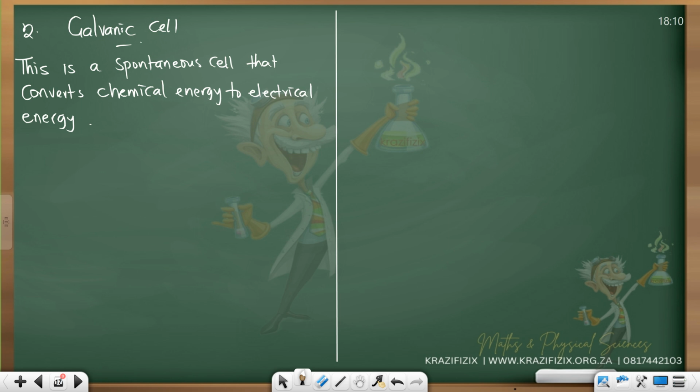Number one, it is spontaneous. Number two, it is what? It converts chemical to electrical. Example here is a battery. The makeup. So our second application now is the galvanic cell.